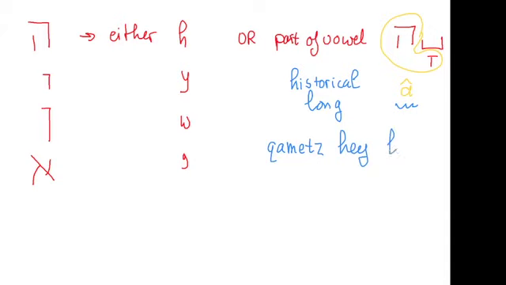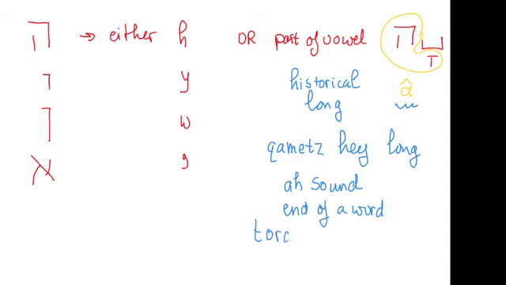And it is a long A. It is the A sound, and it's most of the time at the end of a word. Like the word Torah. You see, there is the A sound. I will show you some examples.